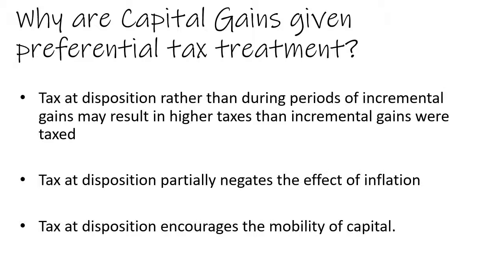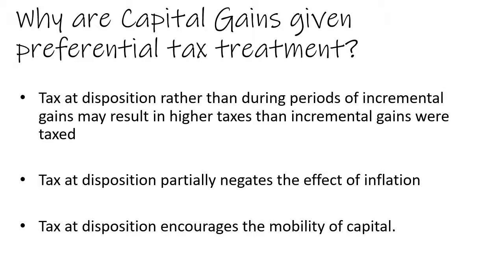If you taxed the incremental gains or losses while holding an investment property, including stocks and bonds, this might result in gains some of the time, but losses some of the time. By taxing when you dispose of the assets, rather than during the periods of incremental gain, your taxes should be higher.